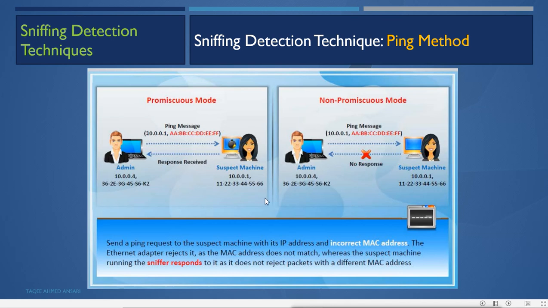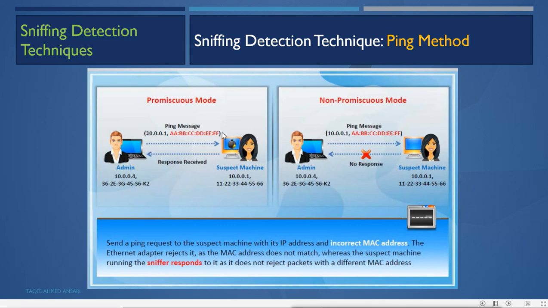That means because the attacker machine is working in promiscuous mode, it will accept the packet even if the MAC address does not belong to that attacker machine. So we can detect whether it is working in promiscuous mode or not. So we'll send the ping request with the fake MAC address.